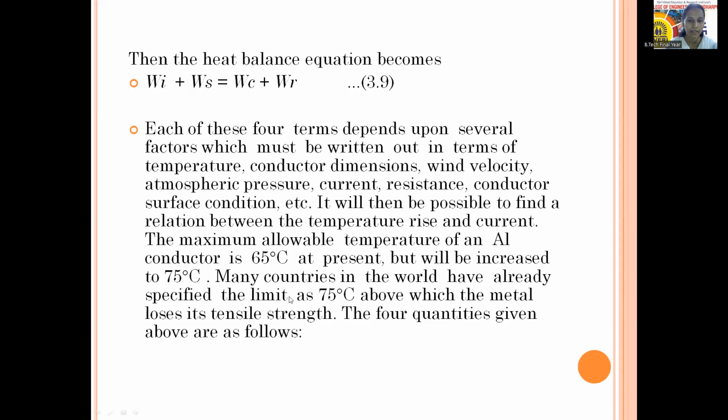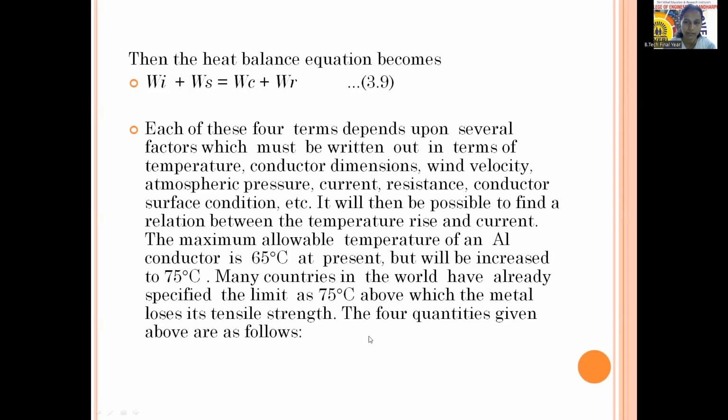Many countries in the world have already specified the limit as 75 degrees Celsius, above which the metal loses its tensile strength. Means after 70, some materials have low tensile strength, so as the temperature increases, they lose the strength they can bear.